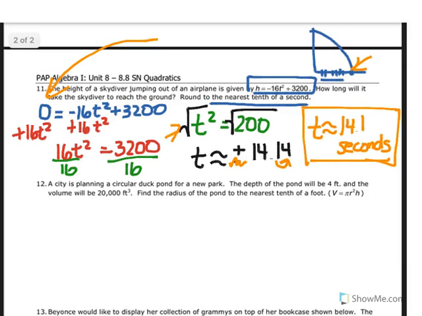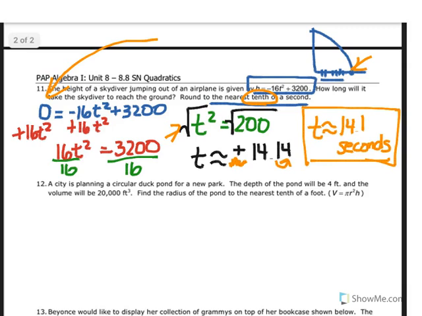And that left me with this. t squared equals 200. Take the square root, and you get plus or minus approximately 14.14. But since we're talking about time, we ignore the negative answer and round to the nearest tenth, it said right here. So that's 14.1 seconds.